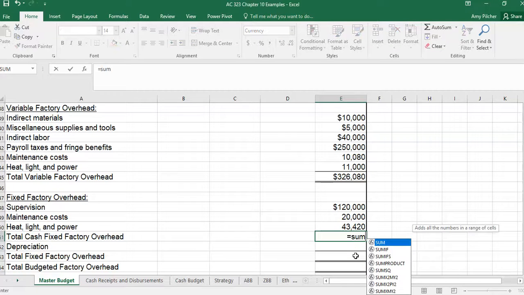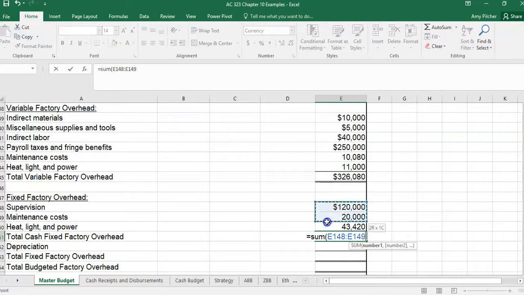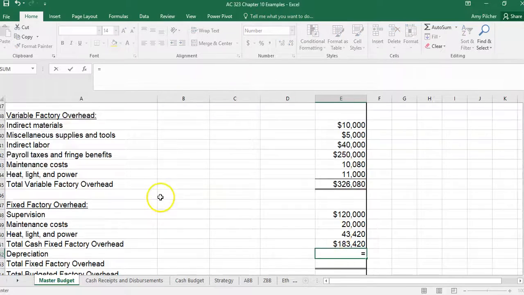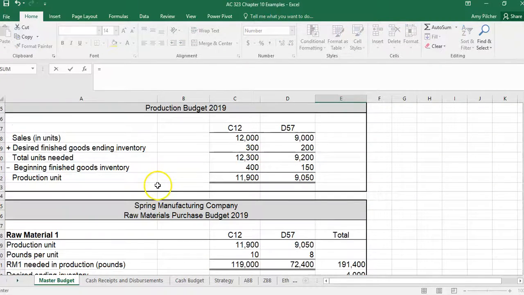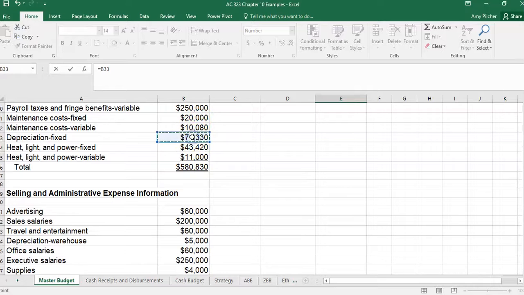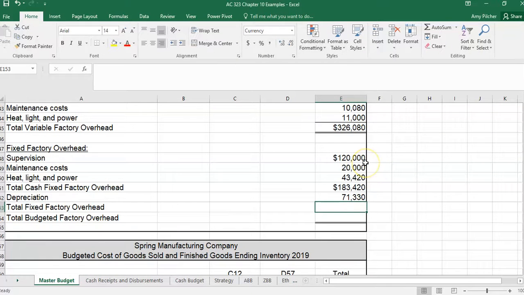So our total fixed amount, then depreciation, our total depreciation, and our total overhead.